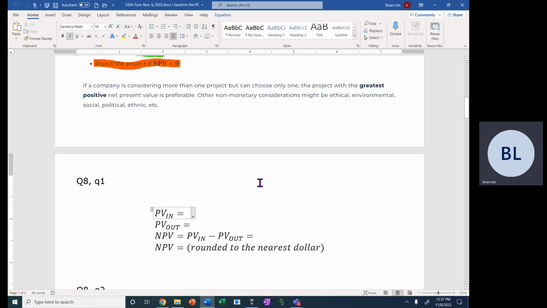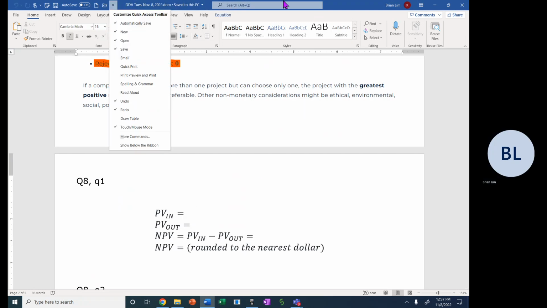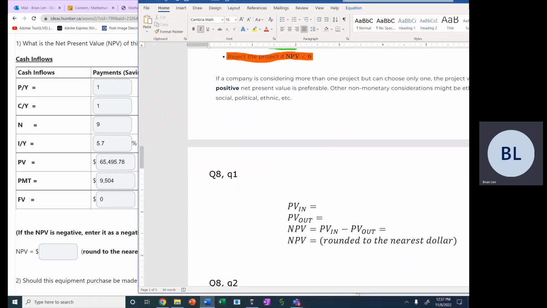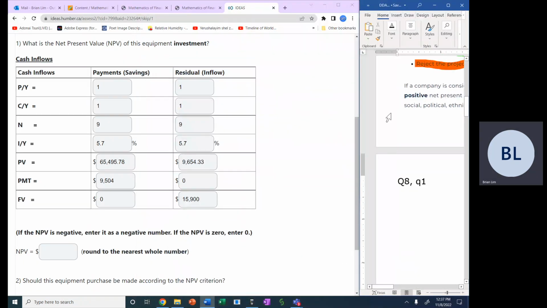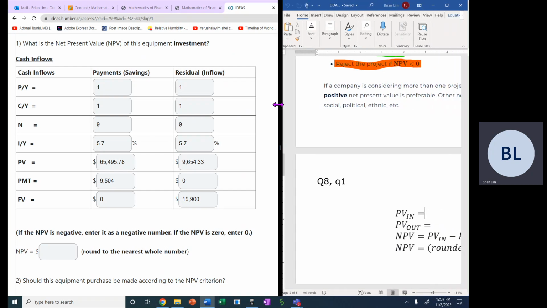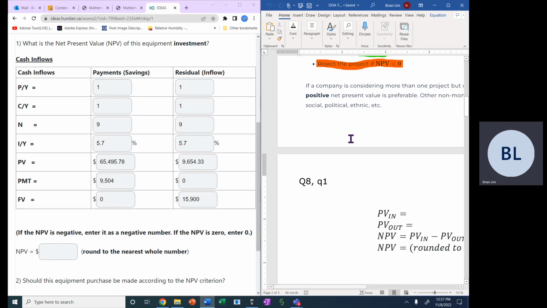Now the PV in, let us go and look at that. Okay, sorry about that. Let's see if we can pull this over here, so we might be able to do both at the same time. So PV in is how much?